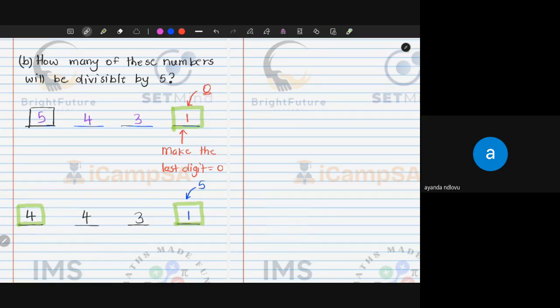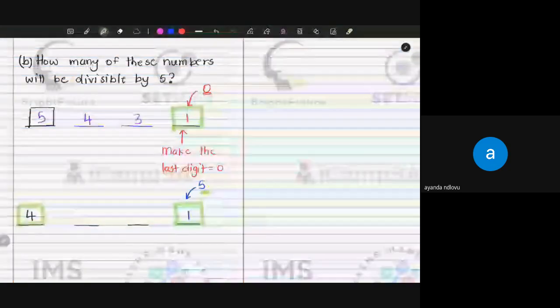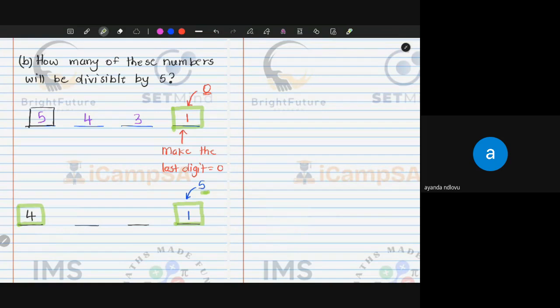I don't understand why the second option is also 4. Okay. So let's move back. For the back one, you understand that we are saying, let's force it to be 5, which means we only have one option. Yes. That is one number down. For the first one, we know that we have 5 numbers, but 0 is not supposed to be chosen. So hence we only choose from 4 numbers. Do you understand?